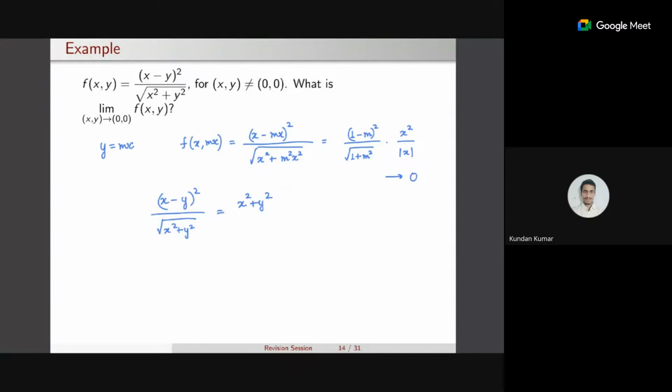Let us try y equal to x squared. I'm going to tell you that everything will give you the limit 0, because this limit actually exists. This part is the proof of why the limit exists.